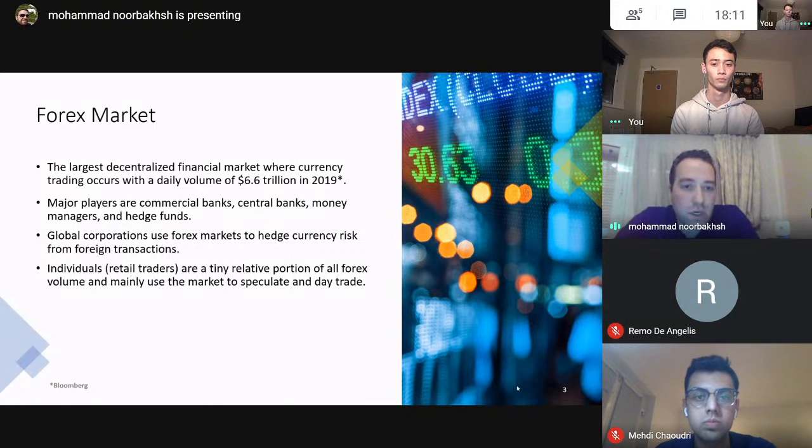Major players are commercial banks, central banks, money managers, and hedge funds. Global corporations use Forex markets to hedge currency risks from foreign transactions. And there are some individual or retail traders, a very small portion of all Forex volume, and they mainly use the market to speculate.